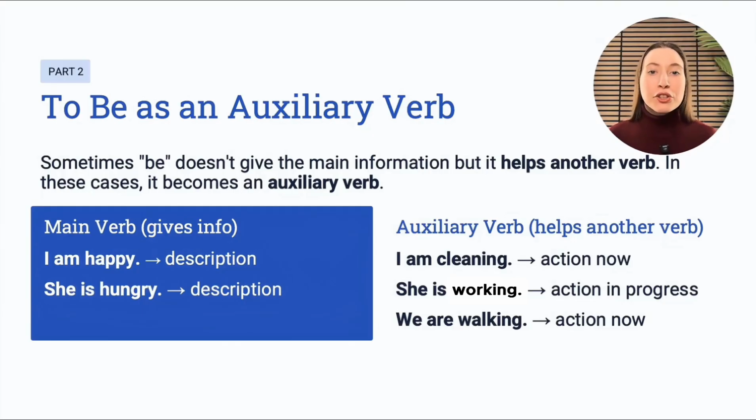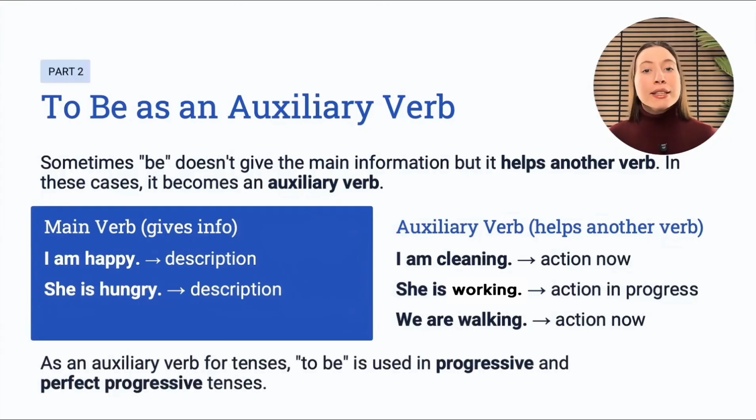Now the main actions are not am, is, or are. The main actions are cleaning, working, and walking. In these sentences, am, is, and are help us show that the action is happening now. So here, to be is helping us form the present continuous or progressive tense. And as an auxiliary verb for tenses, to be is used in progressive and perfect progressive tenses.